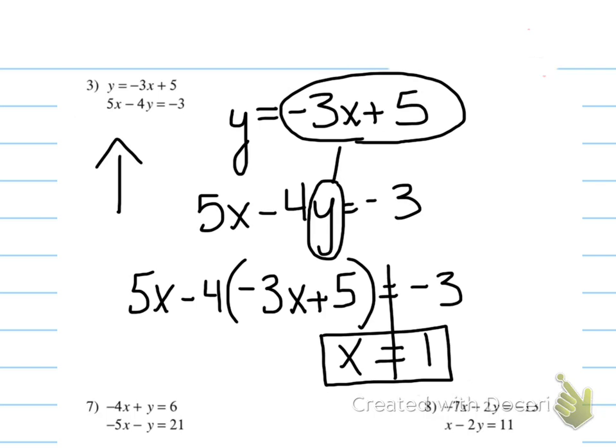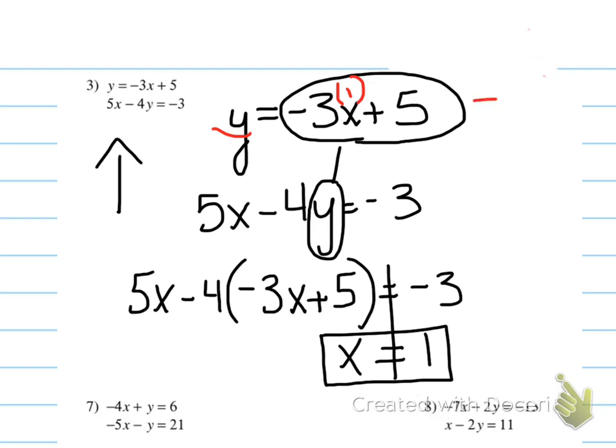So what are we supposed to do to find the y value? Well, let's look back up in the original equation. Let me change my color. We had an x up here, and we said x is now equal to 1, right? Well, if x is equal to 1, and it's negative 3 times x, then what would y be?